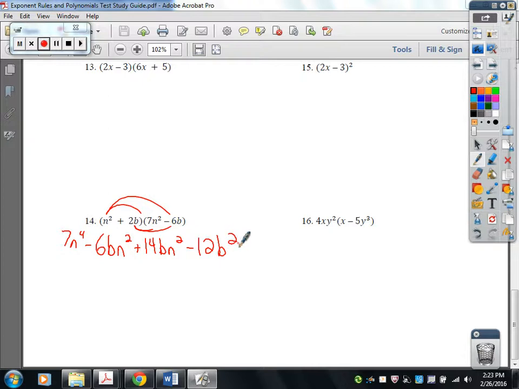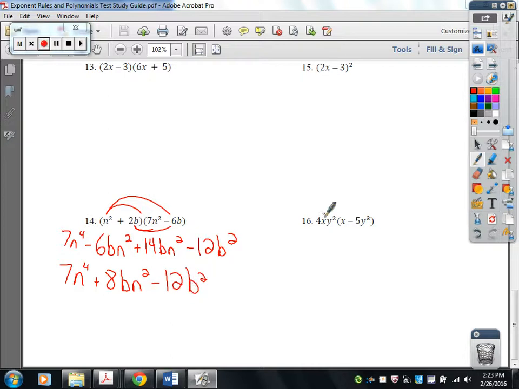Combining like terms, can't do anything with 7n to the fourth, so 7n to the fourth, and then I'm going to combine these two to get positive 8bn squared, and then bring down minus 12b squared.